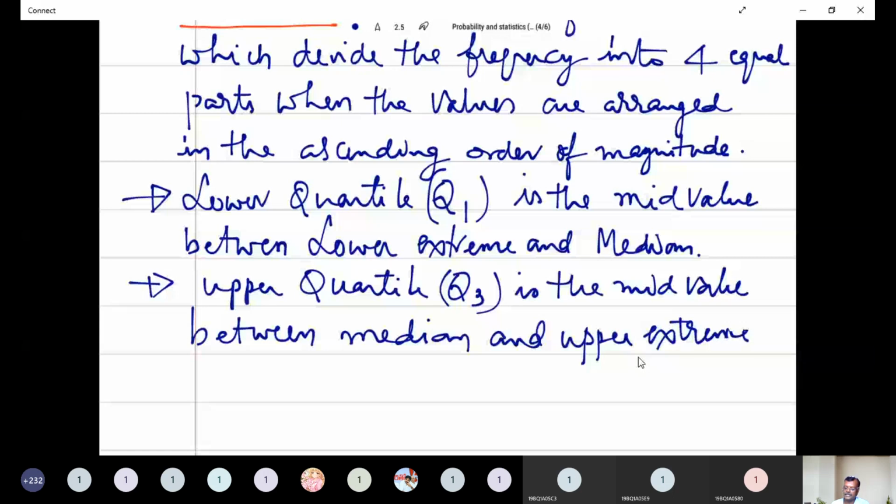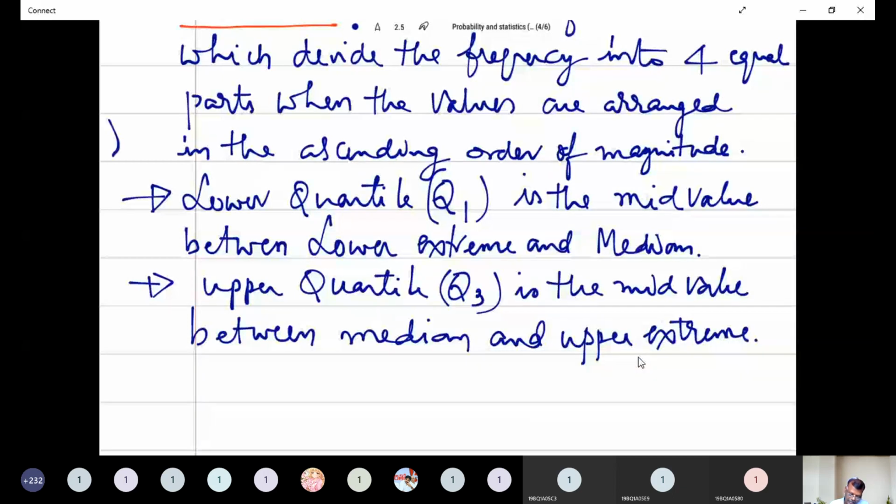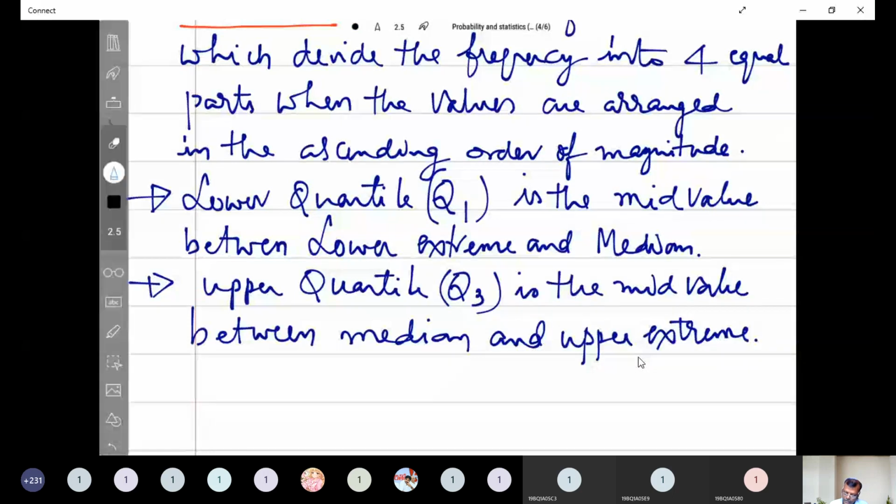These are the two definitions related to the lower quartile and upper quartile.